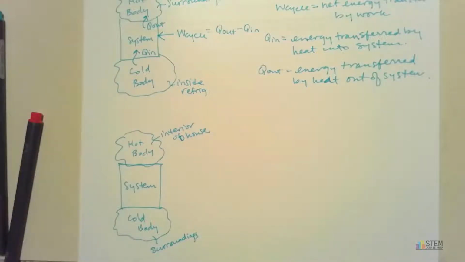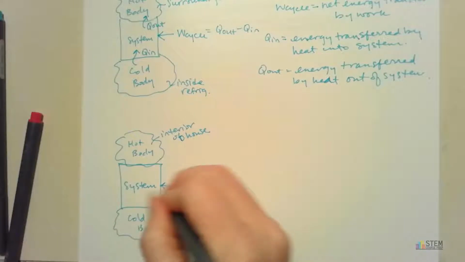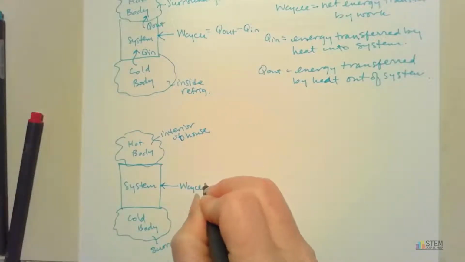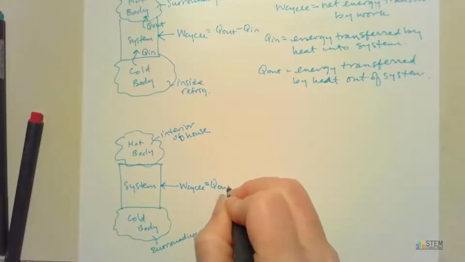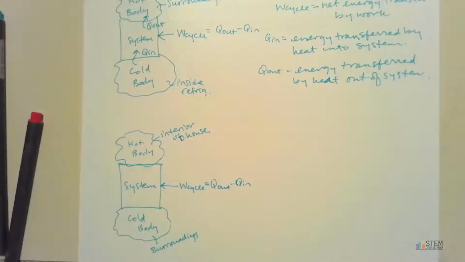Now in this one, we're also going to have work being done on the system. So the arrow is going to point this way. So we've got work for this cycle. This one's going to be Q out minus Q in, just like we had with the refrigeration cycle. What we're trying to do is the opposite thing.